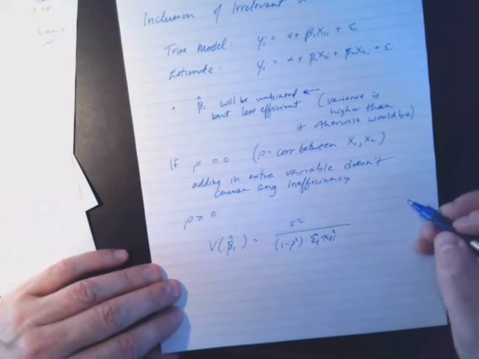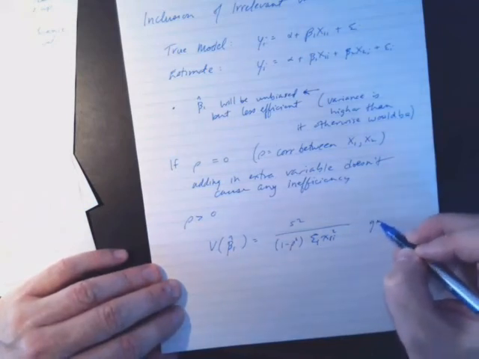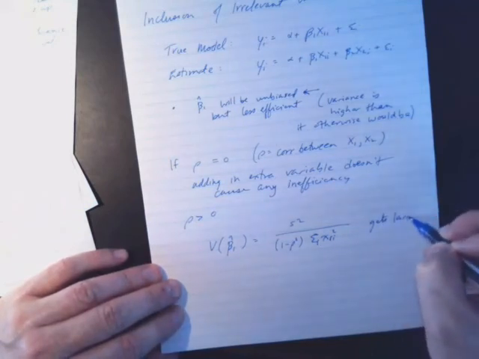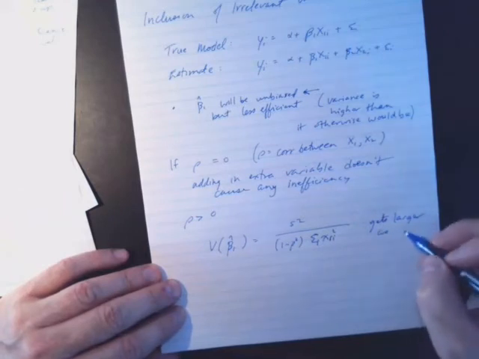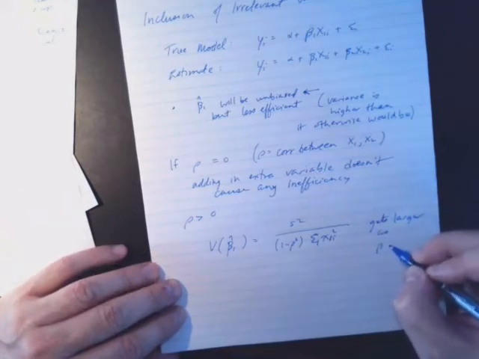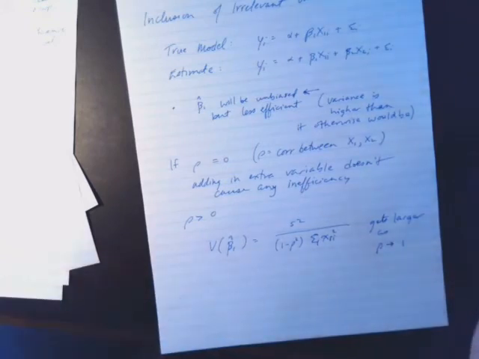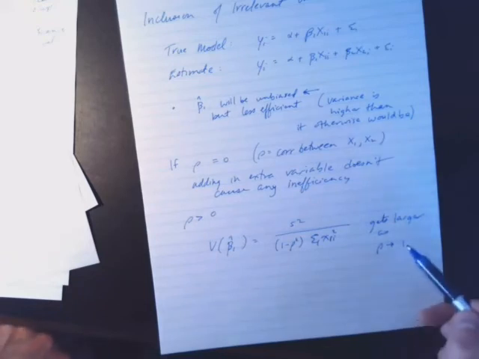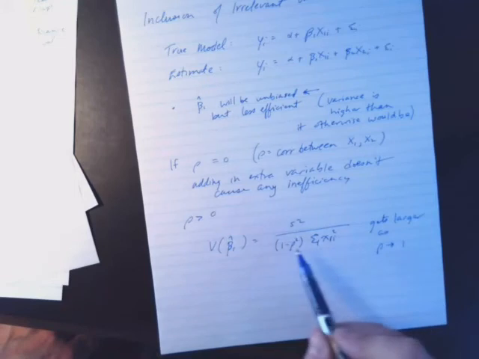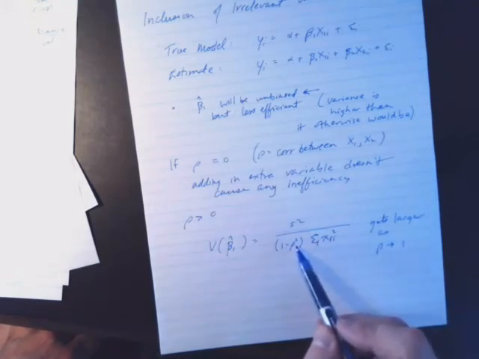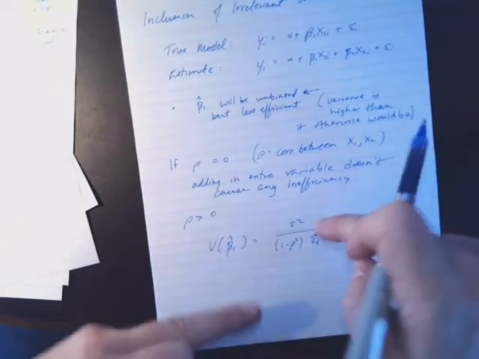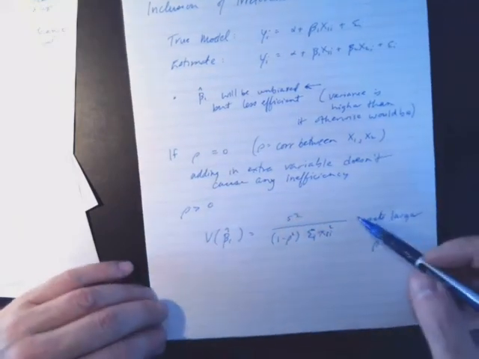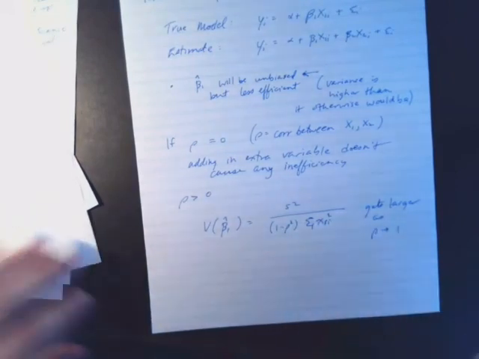So this gets larger as rho gets larger, as rho approaches 1. Rho is always between 0 and 1 as a correlation, and as it gets closer to 1, the number on the bottom of the fraction is getting smaller, which means the fraction is getting larger. So the variance is getting larger as a result.